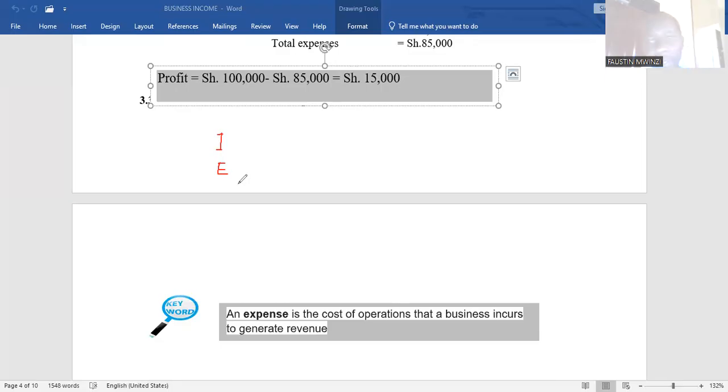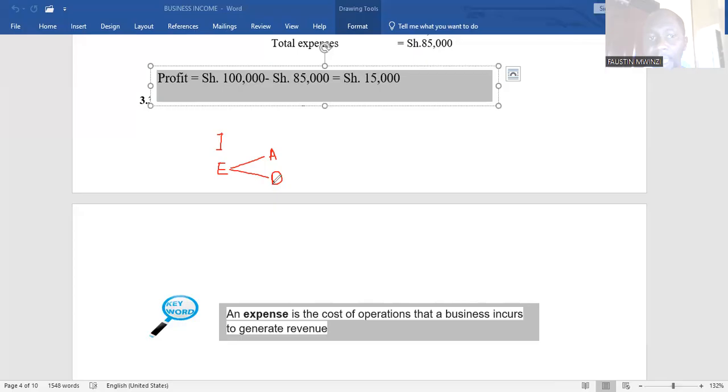Now, for tax purposes, each of these items will be divided into two. For expenses, we are going to have two types of expenses, the same expenses that you know. When it comes to tax, we divide them into two. We'll have expenses that we call allowable and expenses that we call disallowable.